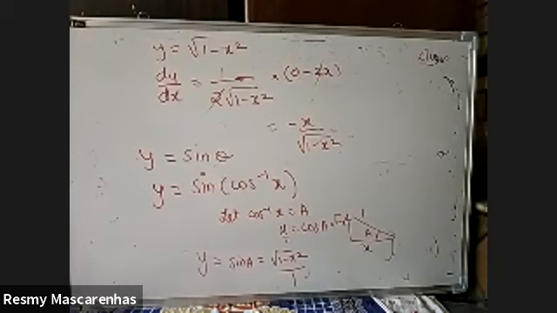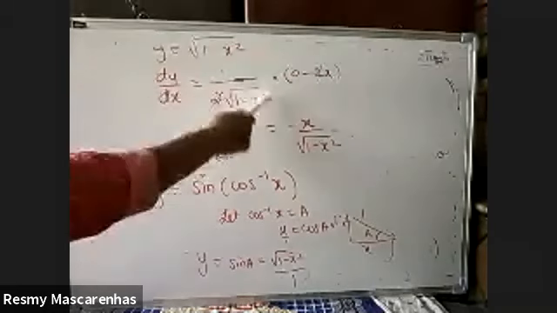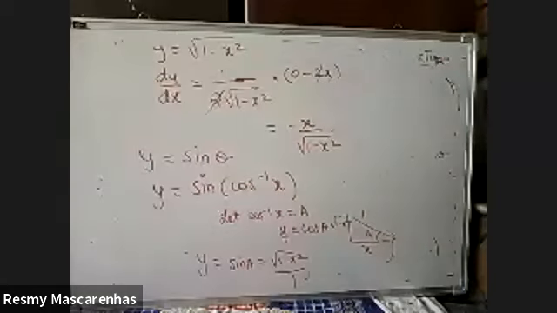If anyone has doubt, then ask. Derivative of root of something is 1 upon 2 root, times derivative of what is there inside the bracket.